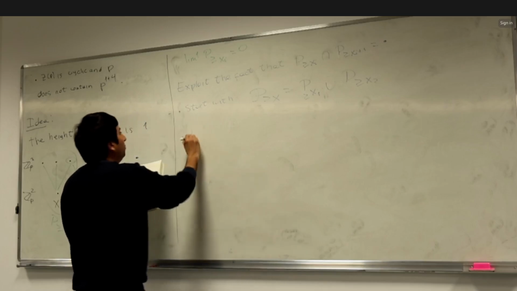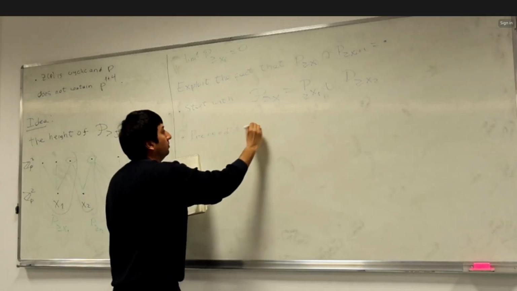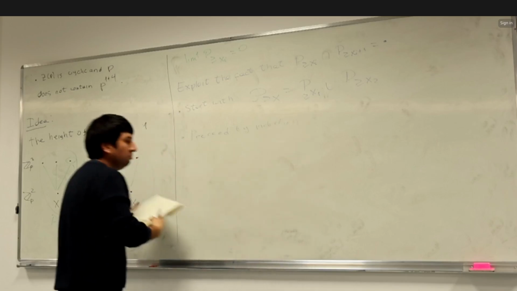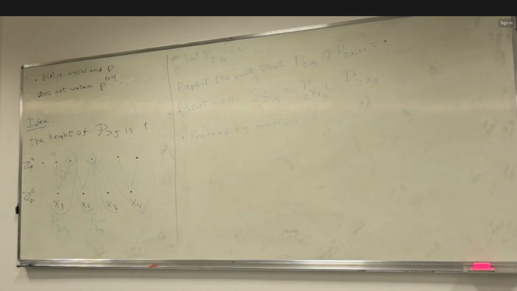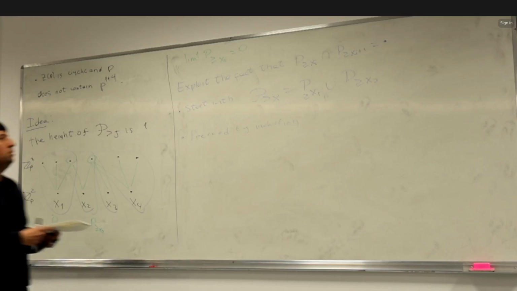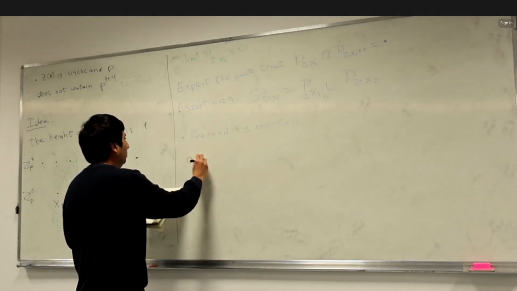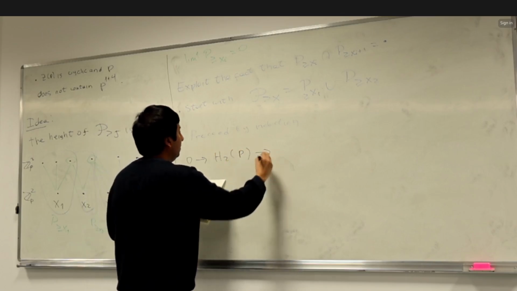Then proceed by induction. So the idea is to apply Mayer-Vietoris, but we have to be careful about this because it's not immediately true. Let's say we have a Mayer-Vietoris exact sequence.